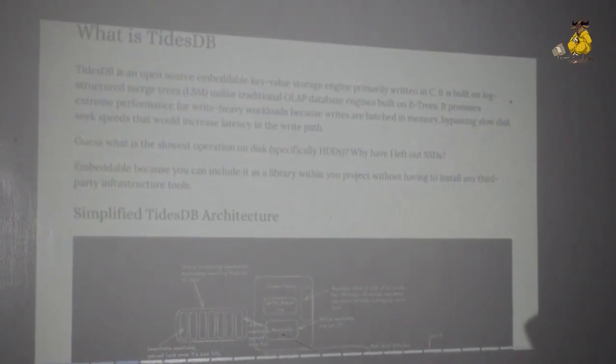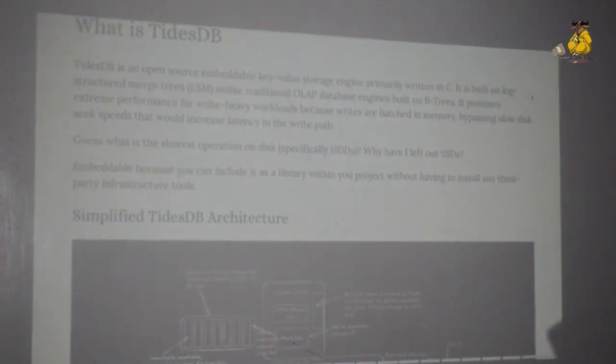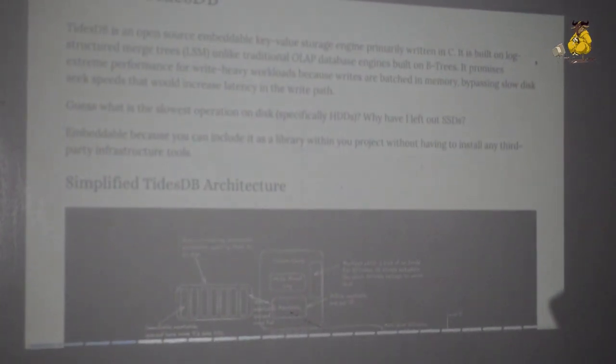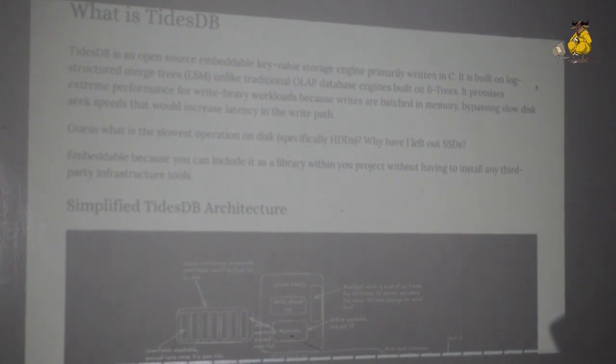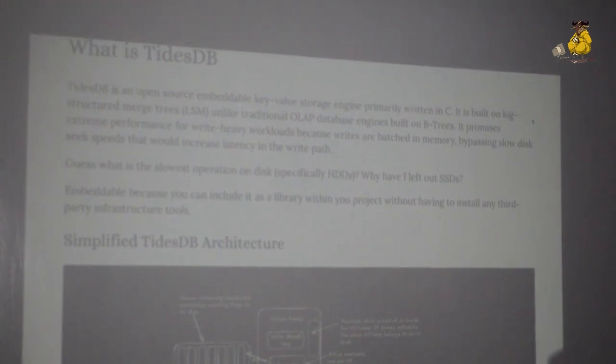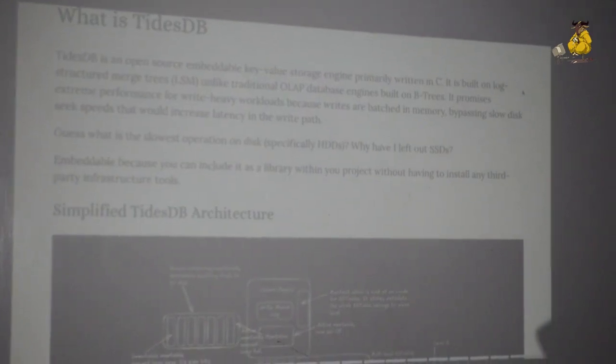Remember, the slowest operation on a disk, on a hard drive, is seeking. For B trees, every write operation does a seek on the disk. Seeks are way slower, and this differs for the different types of drives, HDD and SSD.